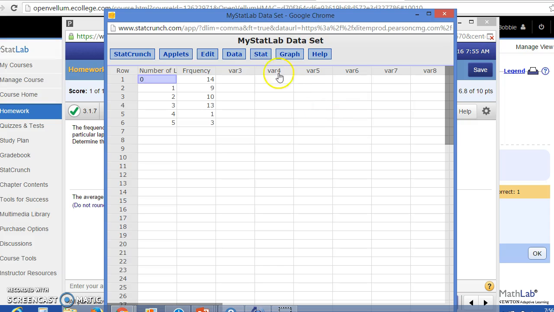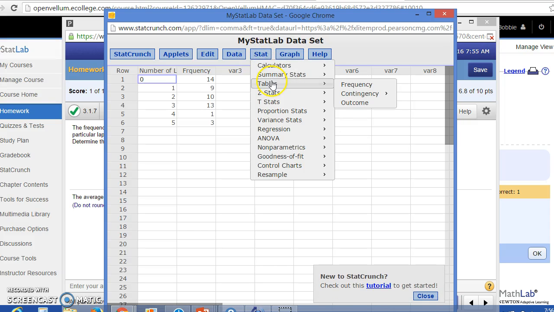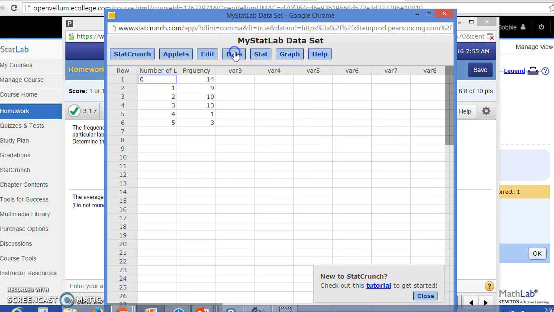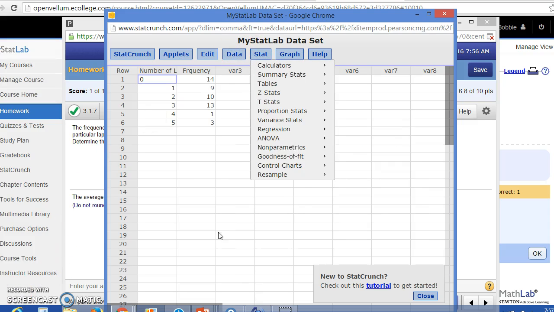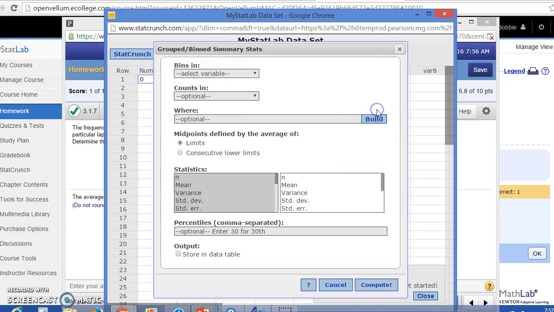It took me a minute to find where to do this, but I believe I found it. In Summary Stats, Grouped Bin Data. So select your variable.